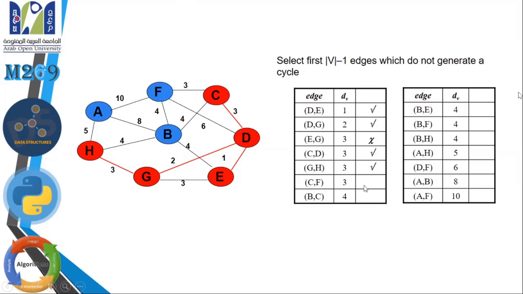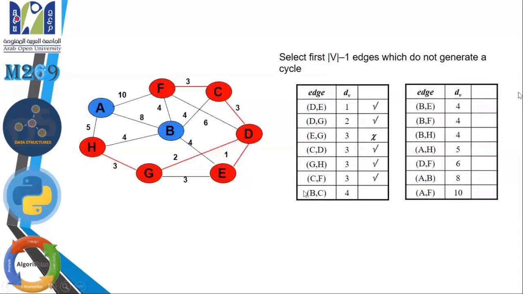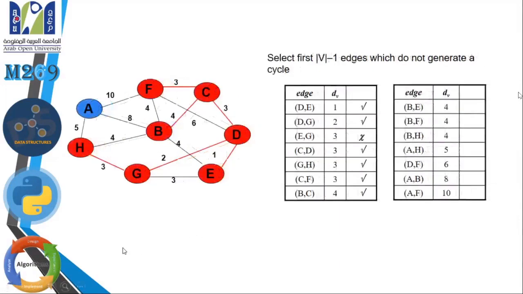CF. If I add CF, is it going to make a cycle? If I add BC, is it going to make a cycle? BC. If I add BE, is it going to make a cycle?